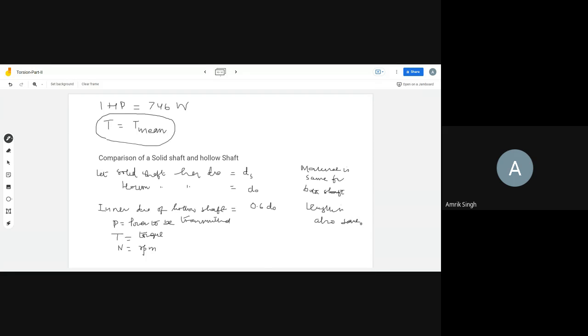So we have to compare what will be the maximum shear stress and what will be the maximum angle of twist for both cases.